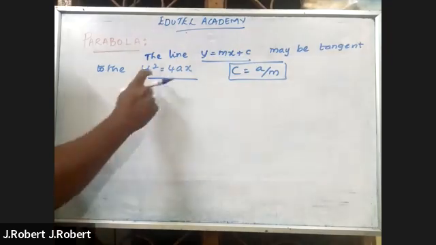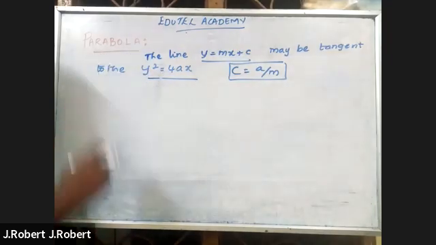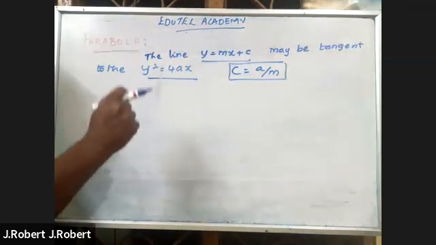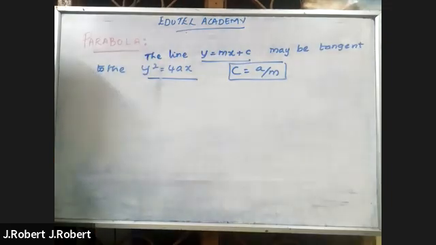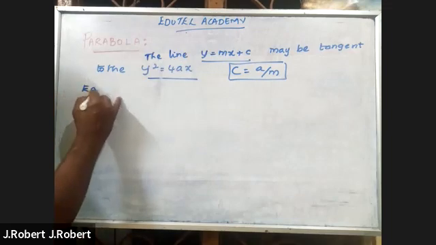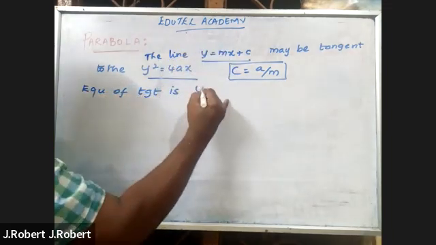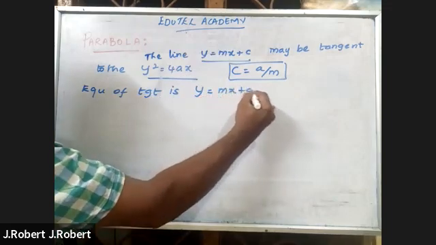I told you this is the standard form of a parabola. We have various equations for parabola: open leftward, open rightward, open upward, open downward, four types. Each one has its own equation. What I am writing is particularly for y squared equals 4ax. The condition is c equals a by m. Then the equation of tangent is y equals mx plus a by m.